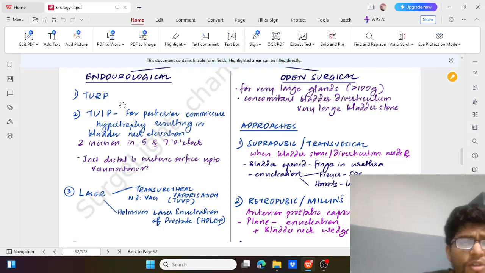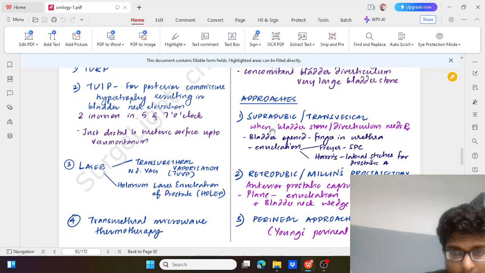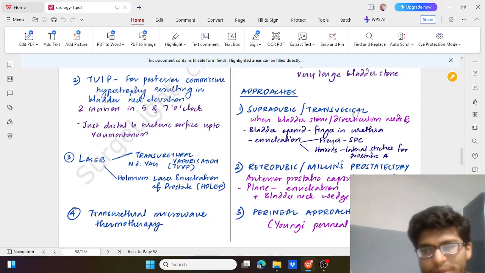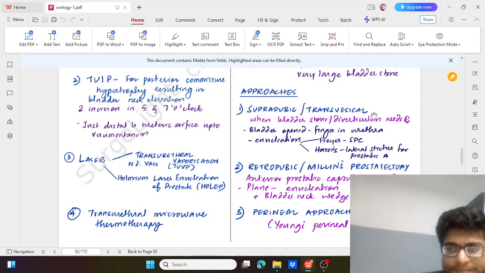For a large gland, we can also go for staged TURP as we have discussed. Then what are the approaches for open surgery? So for open surgery, we have suprapubic, transvesical.